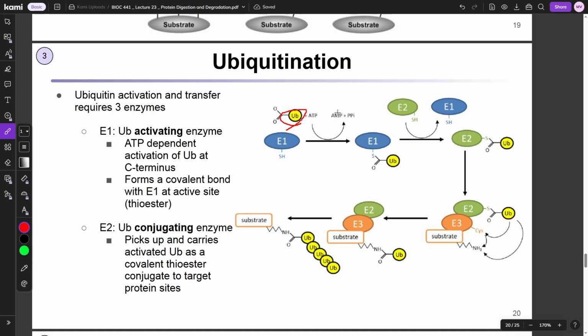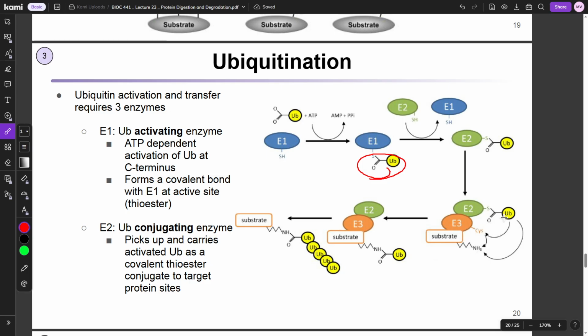We basically use ATP to attach the ubiquitin onto E1. From here, we use E2, which is a transferase essentially, and we transfer this ubiquitin group onto E2. And then E2 binds with E3 once E3 is bound to the substrate.